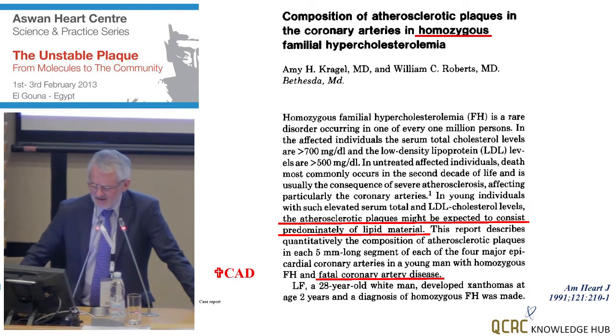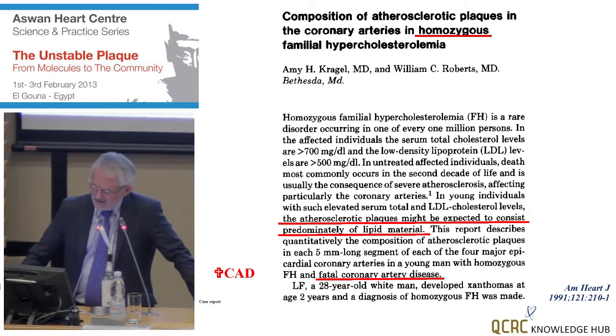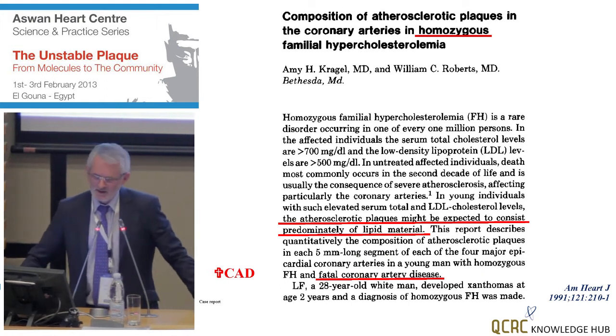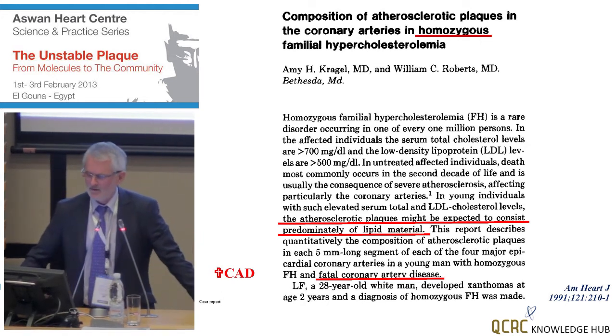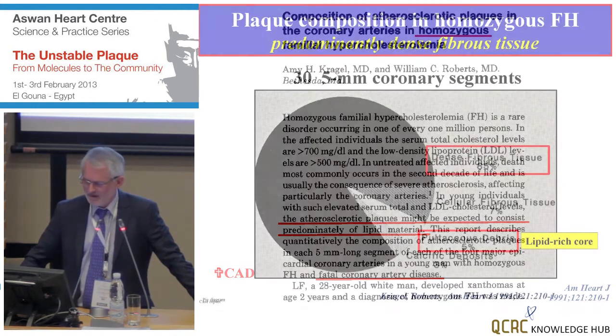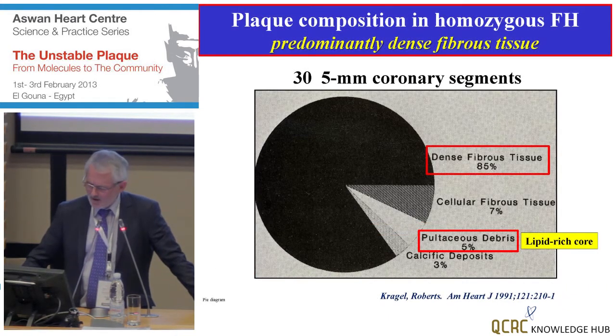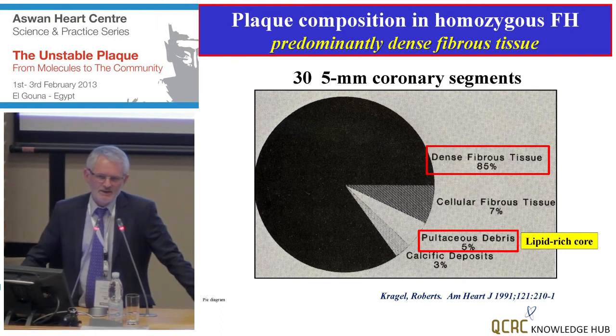And as he says here in the introduction to the paper, the atherosclerotic plaque might be expected to consist predominantly of lipid material when plasma cholesterol is so high as you see it in homozygous familial hypercholesterolemia. But in fact, what he found was that dense fibrous tissue was the predominant plaque component, also in cases with high plasma cholesterol level.